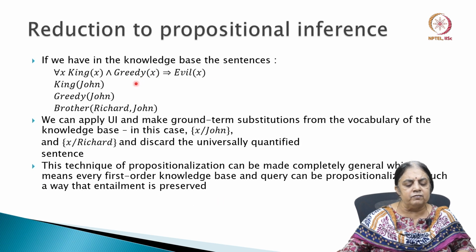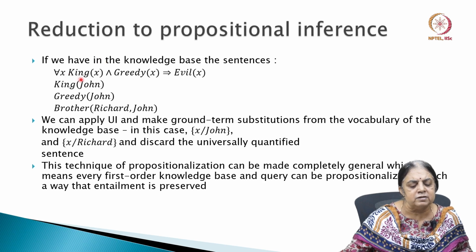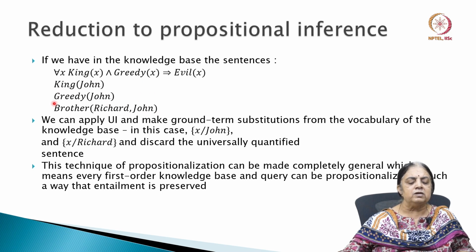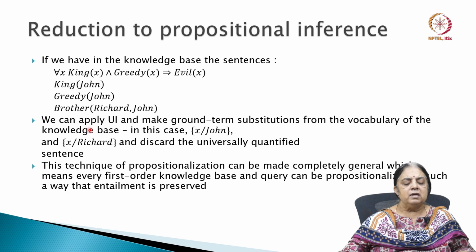So if you have a sentence like for all X, King(X) and Greedy(X) implies Evil(X), and we have these facts: King John, Greedy John, Brother Richard John. These are all facts in your knowledge base. You can use universal instantiation, replacing X by John.